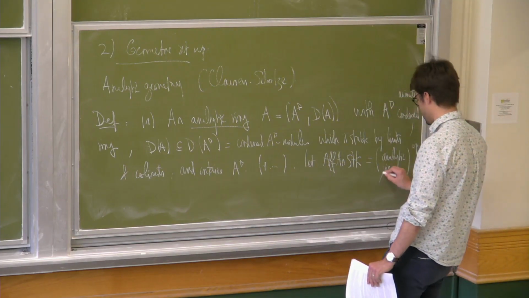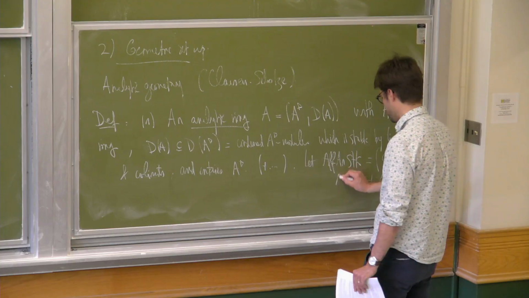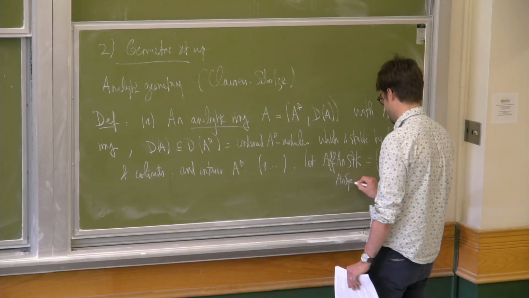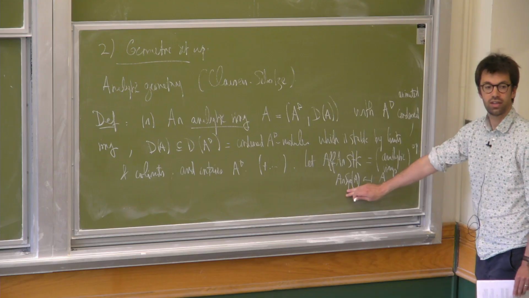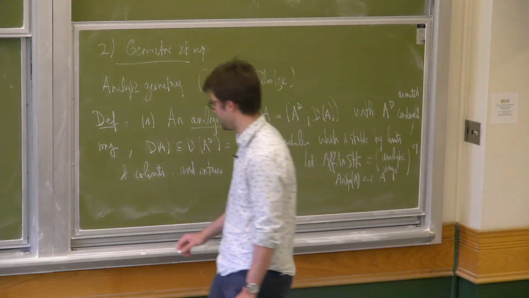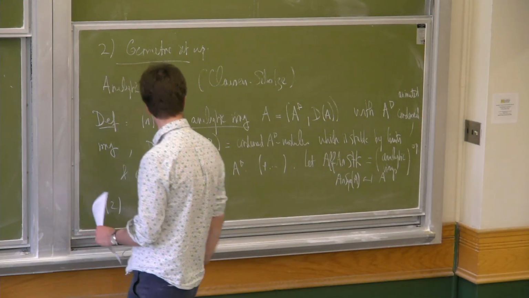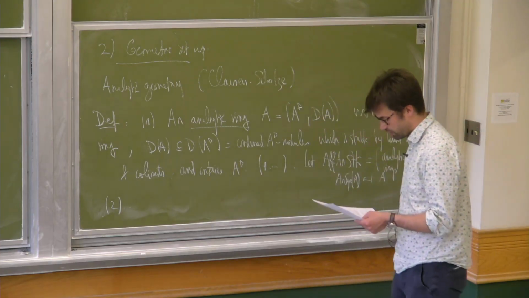And the notation one uses is purely psychological. It's just notation: to such an analytic ring A, the corresponding affine analytic stack is denoted Spec A. So that's almost step one of the construction.